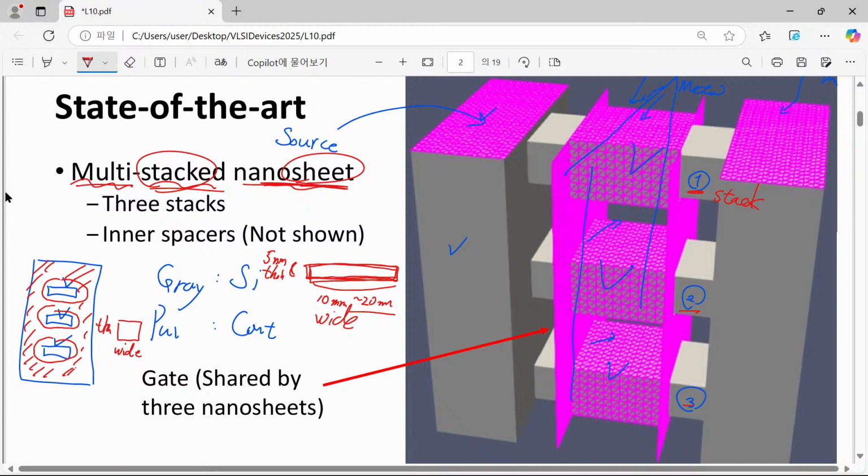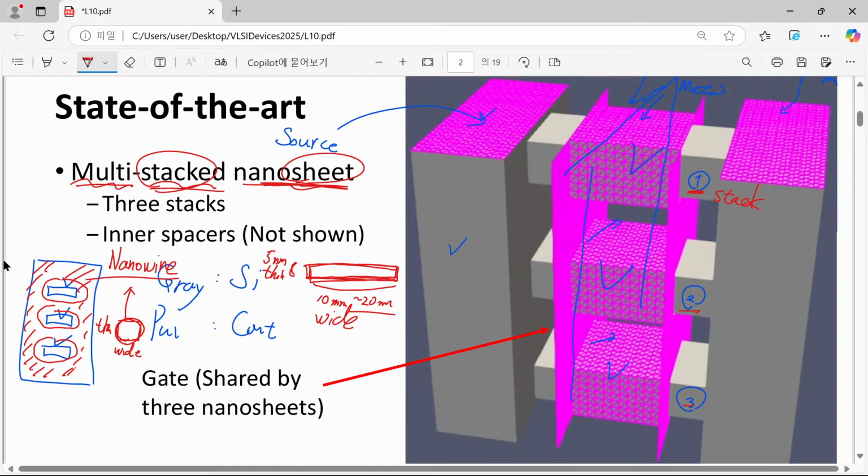Can you say this is thin and wide? In this case, you cannot. It is isotropic. Even in the vertical direction and lateral direction, we have similar size. So in this case, it is called not a nanosheet but a nanowire.